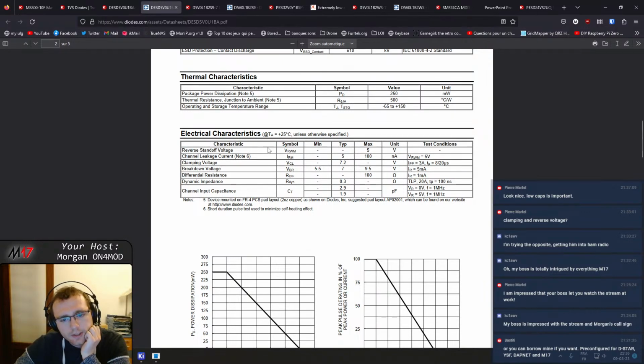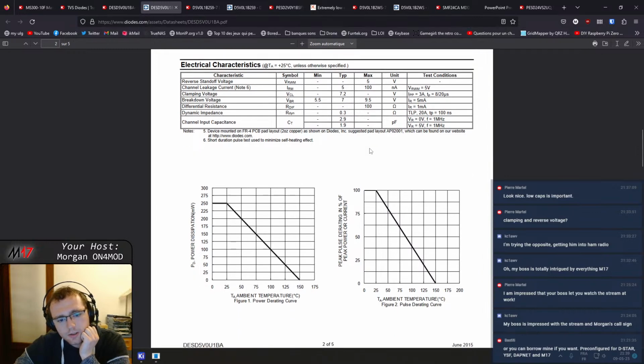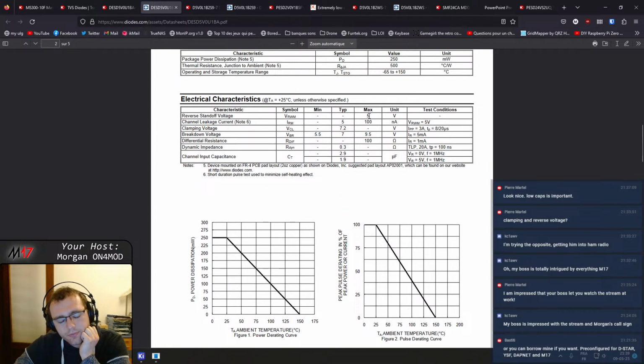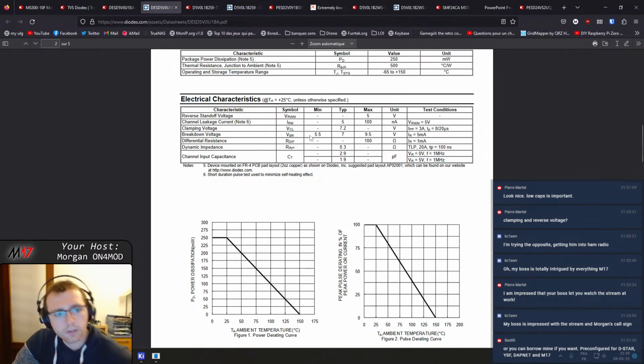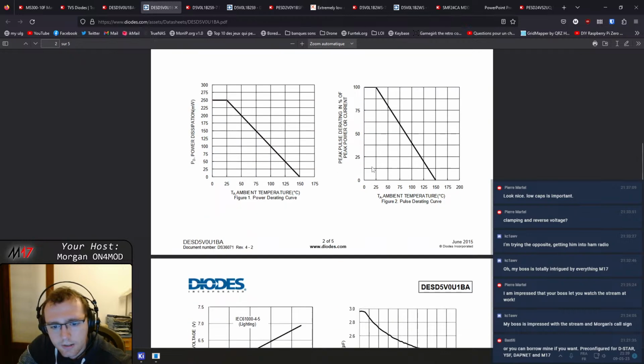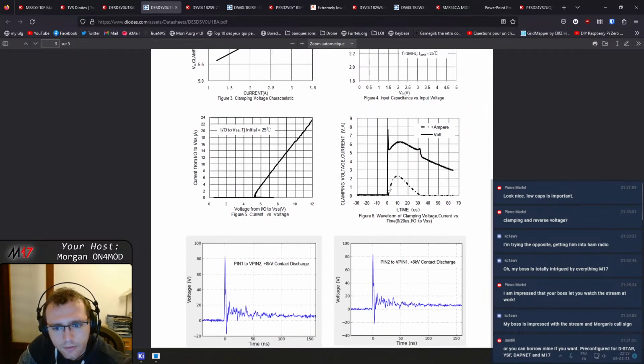So I guess the reverse standoff voltage is the voltage at which you can use it, and clamping voltage is the maximum voltage that it would reach, or no, it would be breakdown voltage. Clamping, I don't do diodes enough. Kind of getting lost in this.